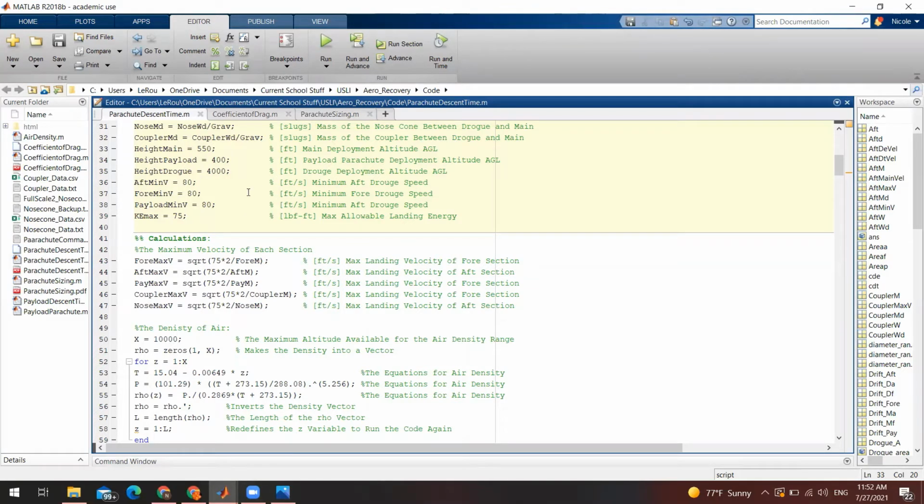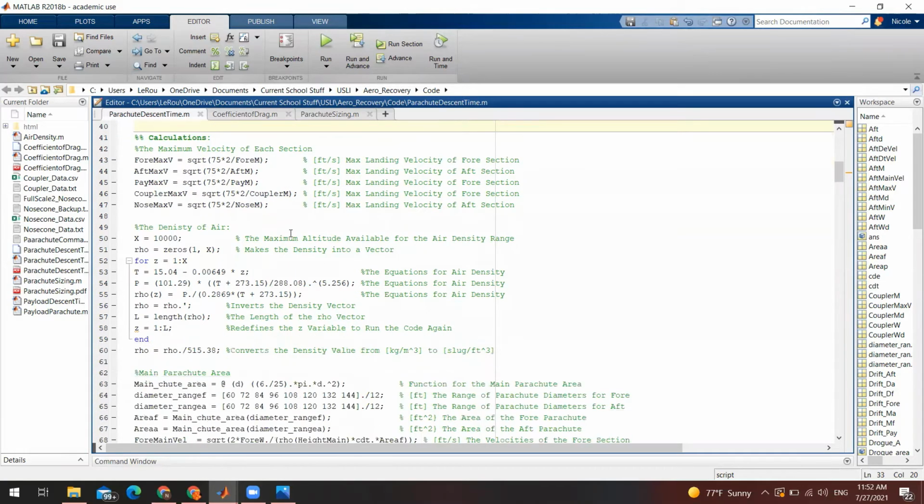So these minimum speeds here are just the off the rail velocity. There also was a requirement of the competition that we had to have a minimum speed off the rail. And then of course the kinetic energy, the maximum allowable kinetic energy.